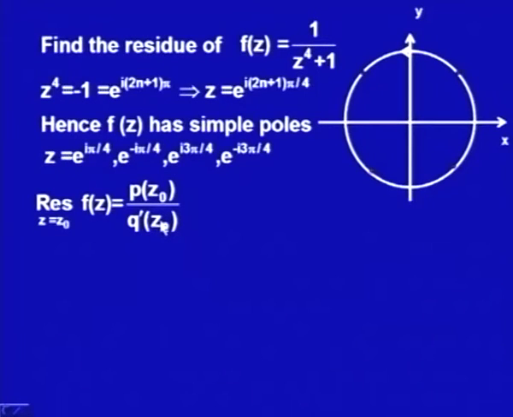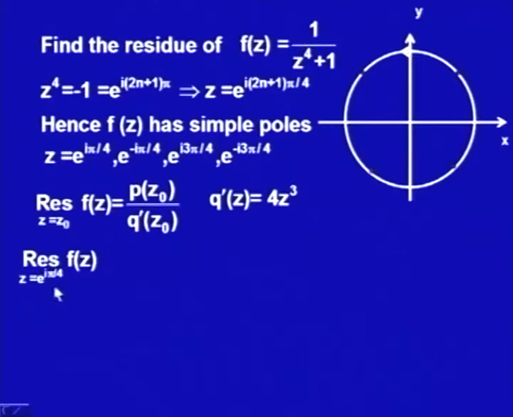The only thing we have to find is q dash z naught. Since q(z) is z to the power 4 plus 1, q dash z is 4z cube. So we get a simple formula for the residue at z equal to z naught as 1 upon 4 z naught cube. Let us find it at both points, e to the power i pi by 4 and e to the power i 3 pi by 4.